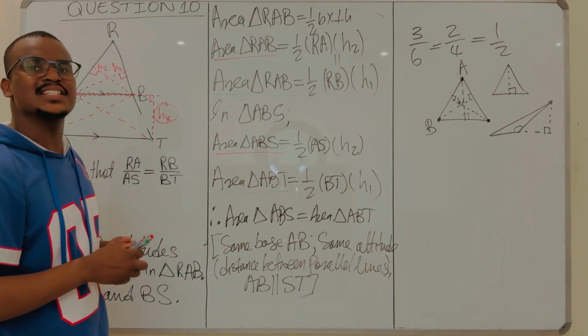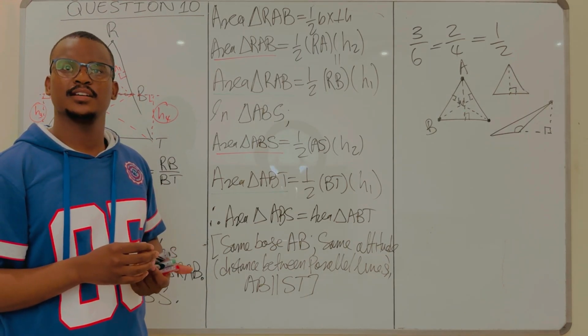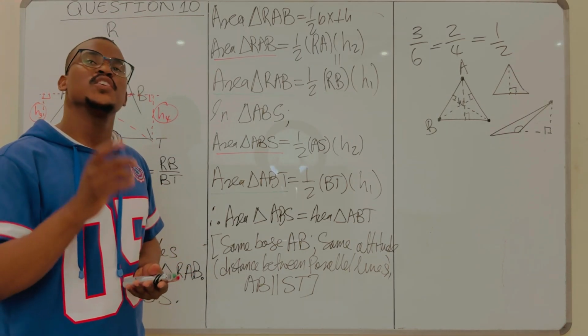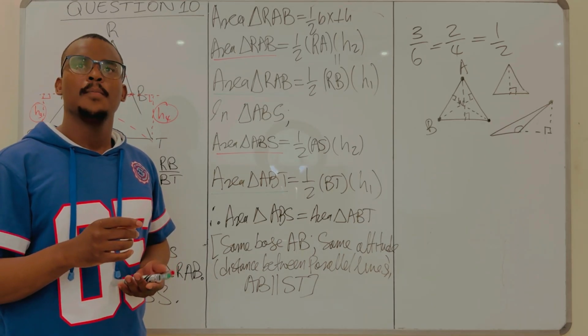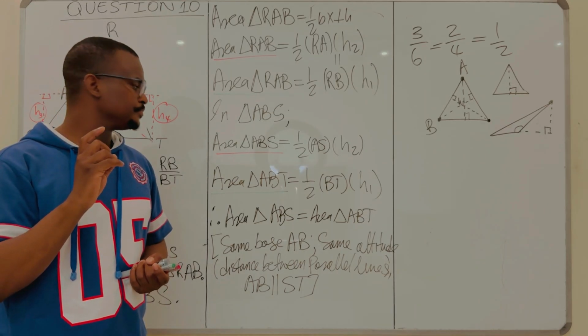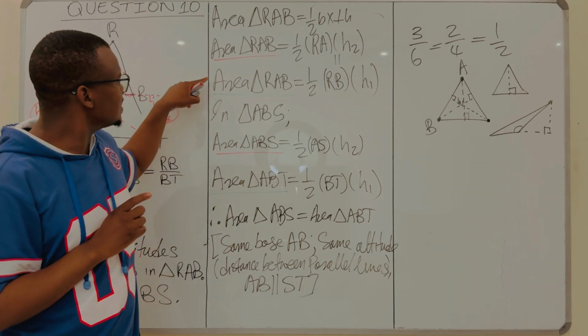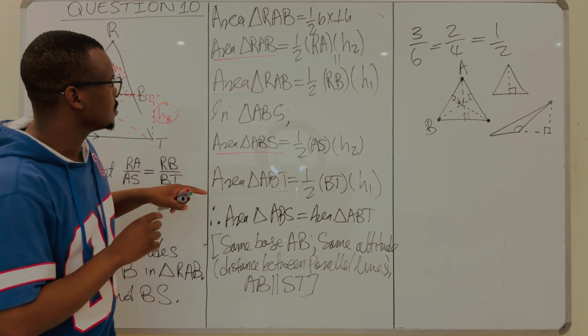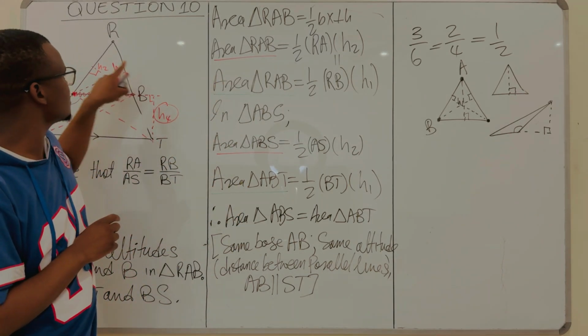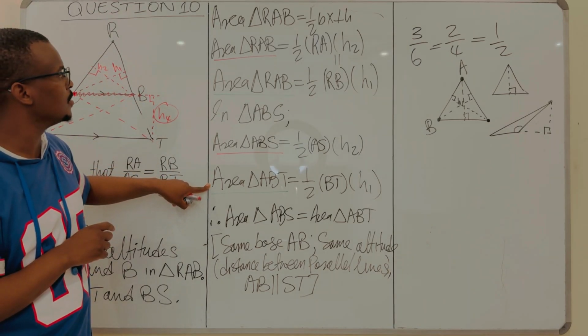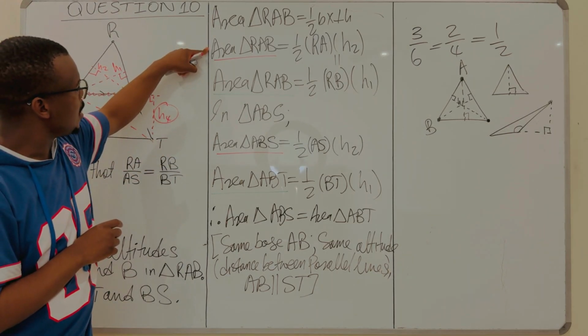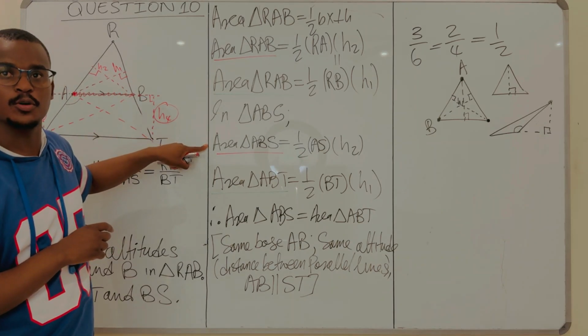So what you do is take the ratio of those two triangles, the ratios of those areas: the area of the top small triangle over the area of the bottom triangle.